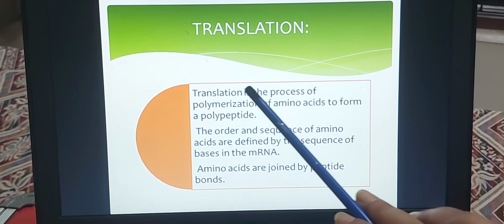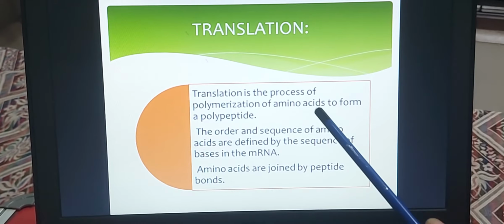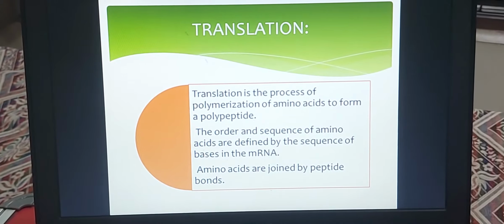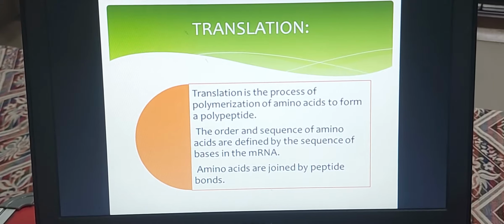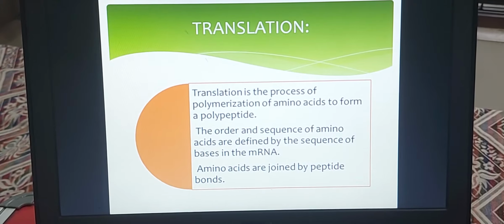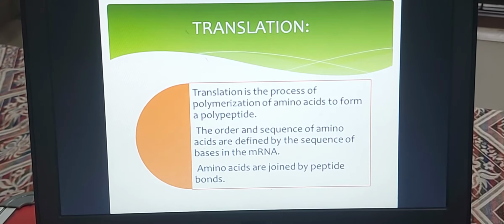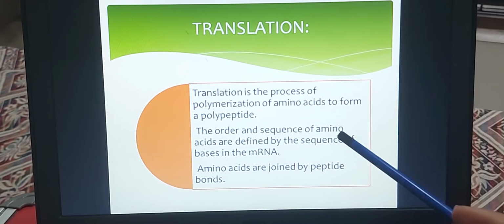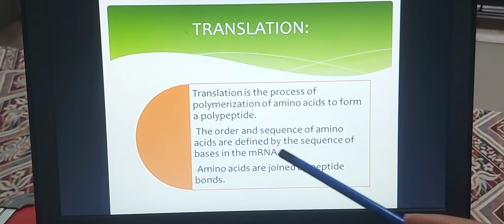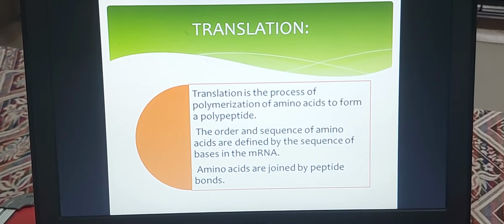Translation is the process of polymerization of amino acids to form the polypeptide. When the amino acids combine to make a polypeptide or a protein chain, it is called translation. The order and the sequence of amino acids are defined by the sequence of bases in the messenger RNA.